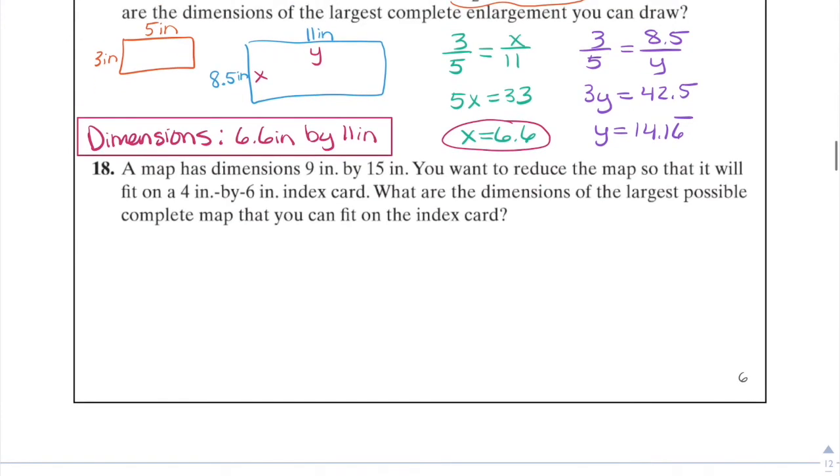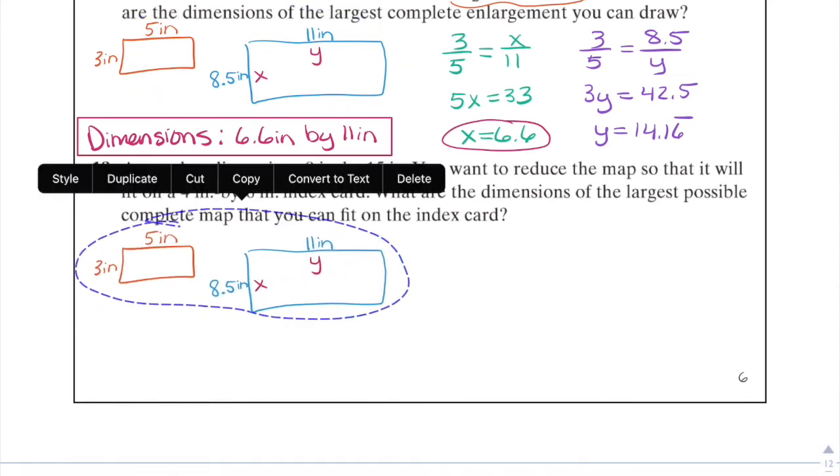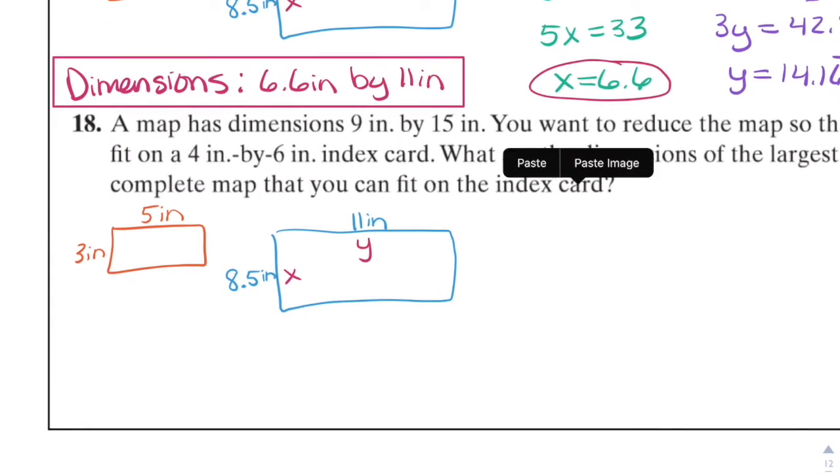So let's do the same thing. I'm going to use these right here because I already have them drawn. I'm just going to change the numbers. So now you're going from this blue figure to this orange figure. So this one is 9 inches by 15.